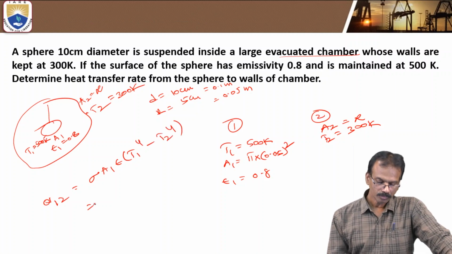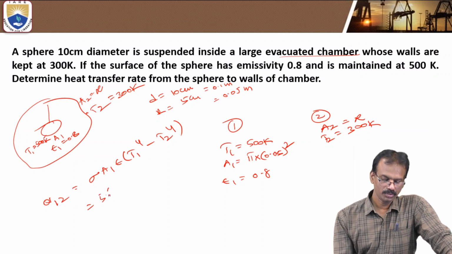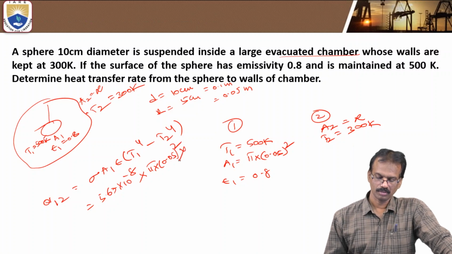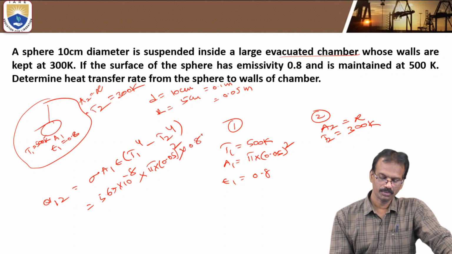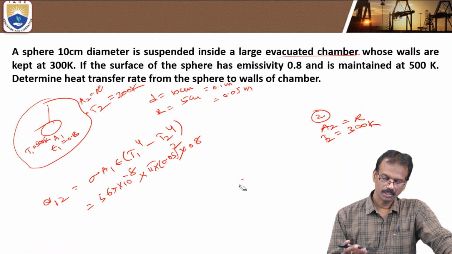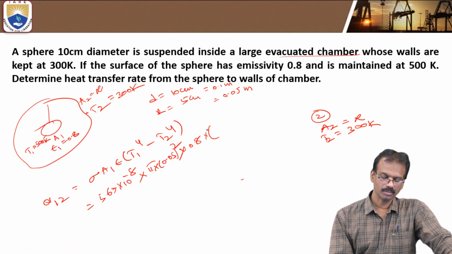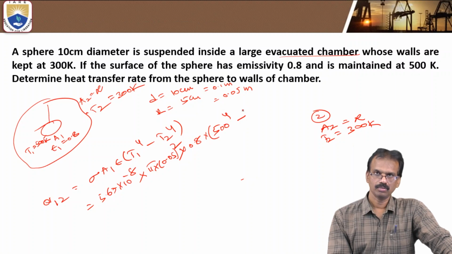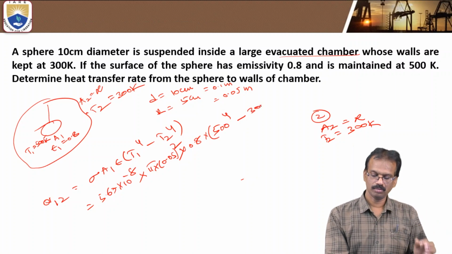Sigma is 5.67 into 10 to the power of minus 8, into area, area is equal to pi into 0.05 whole square, epsilon is equal to 0.8, into temperature T1 is equal to 500 Kelvin, 500 to the power of 4, minus T2, the enclosure temperature, 300 to the power of 4.